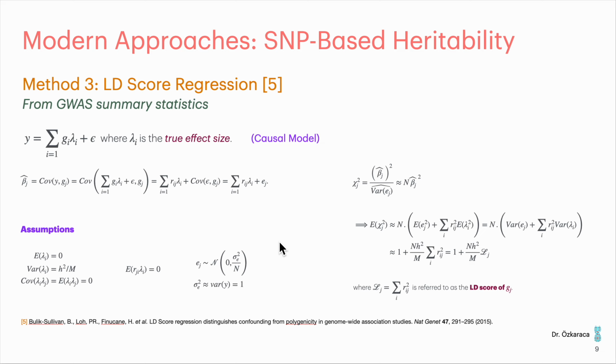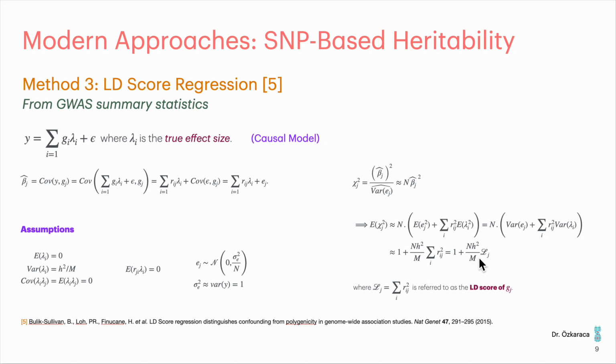Under these assumptions, it can be shown that the expected chi-square statistic for a GWAS can be represented in terms of heritability and some known or computable variables.